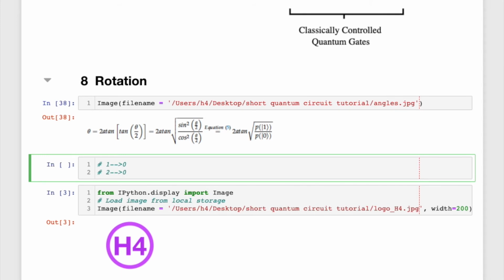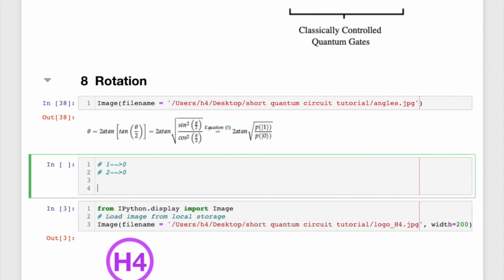So we have a sort of network of 3 qubits, and qubit 1 and qubit 2 are connected to qubit 0 with known probabilities P1 and P0. What we want is to state the final state of this small network of 3 qubits with the help of a quantum circuit.